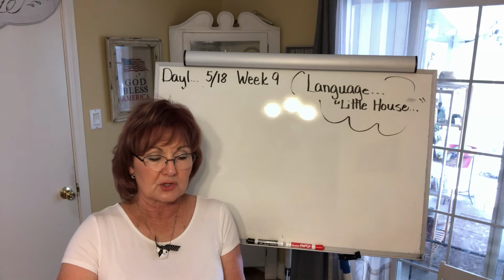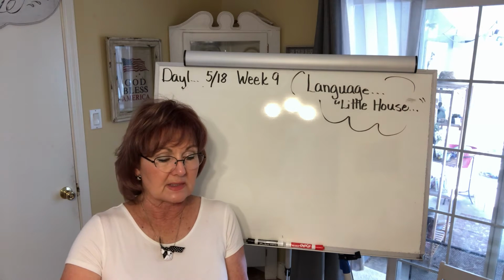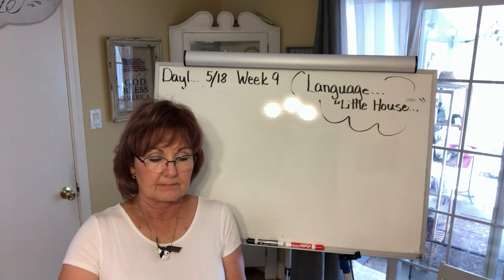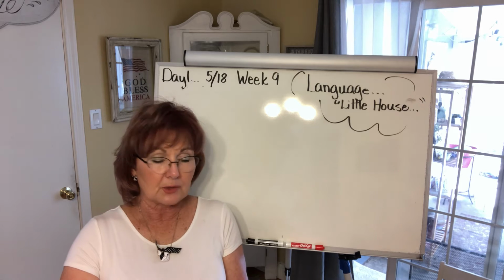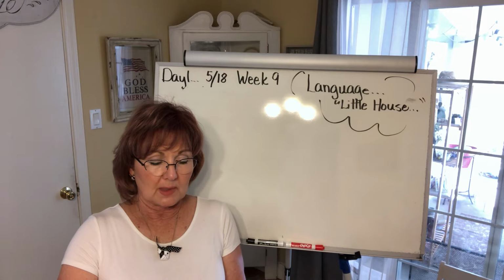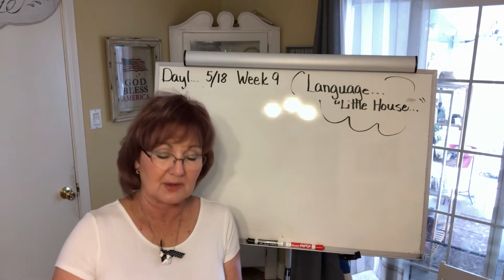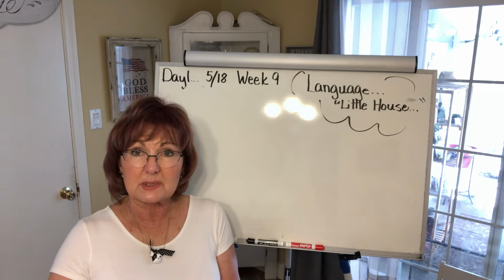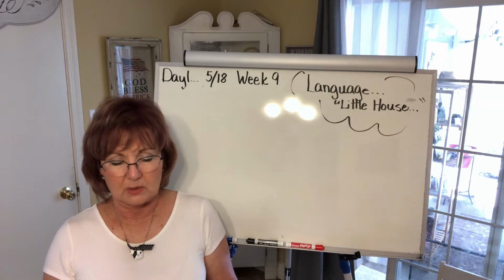Color the H letters orange if it is not funny. Okay, color the O letters blue if you would like to be one of the characters in this story, if you would have liked to have been there and done that. If it is not your cup of tea, you would not want to be one of them, color the O brown.